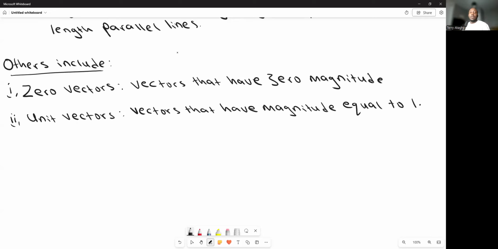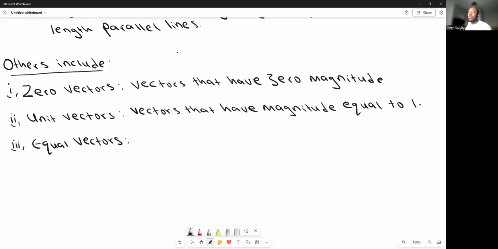All right? Then the next one, number 3, is what we call equal vectors. I've talked about this a little bit in the previous video. Equal vectors are vectors with corresponding equal components. Remember in the previous video, I said equal vectors have the same magnitude and direction, or you can talk about it in terms of the coordinates.